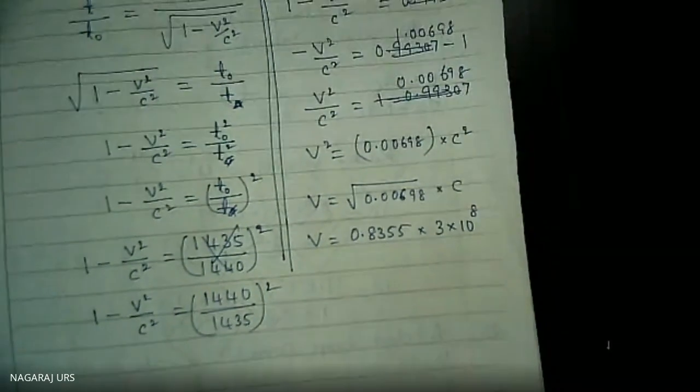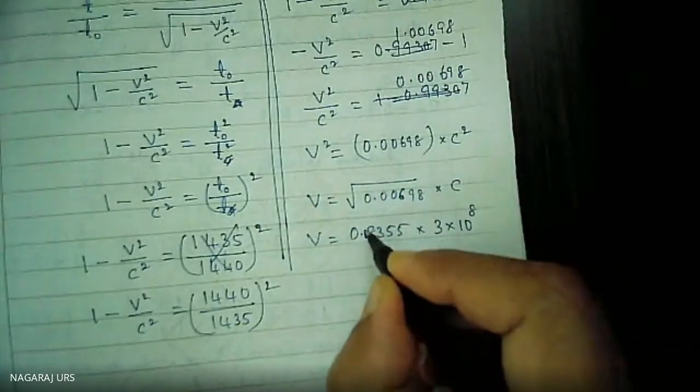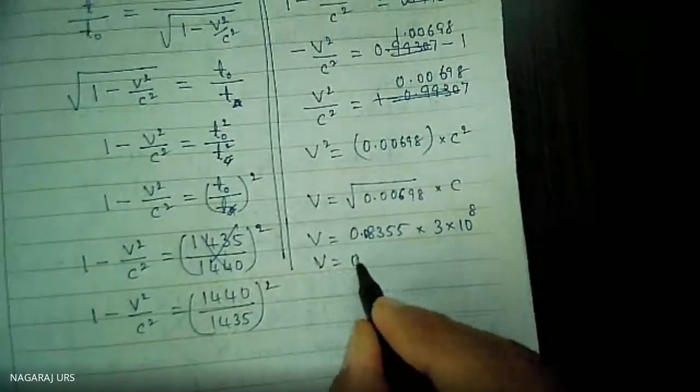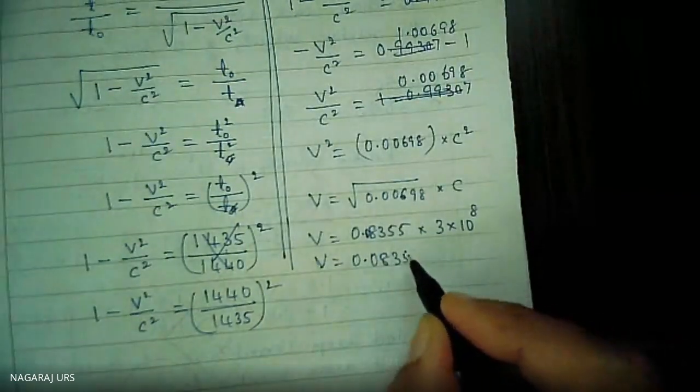Shall I do it? 0.00698 square root, 0.083 is coming. 0.083, 8354.